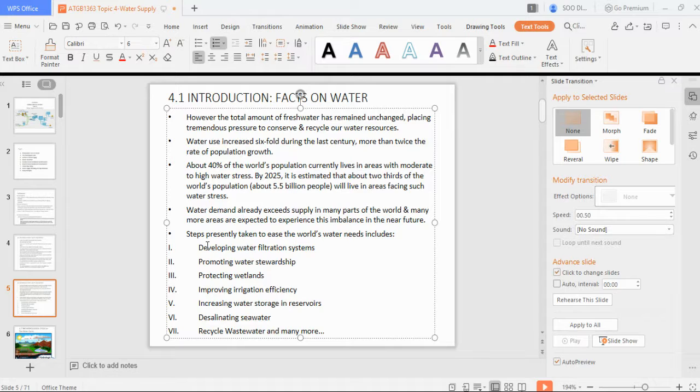So a good example of places in the desert, for example Dubai, because it's a desert and there's no river, the groundwater level is also very, very low.